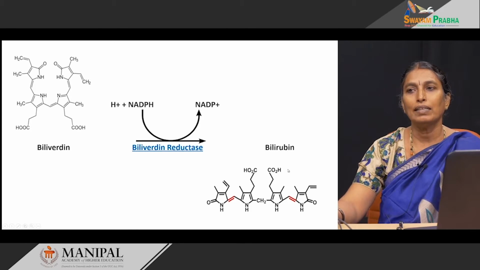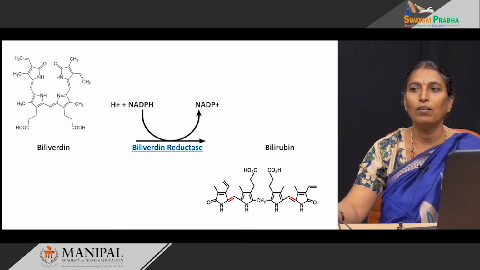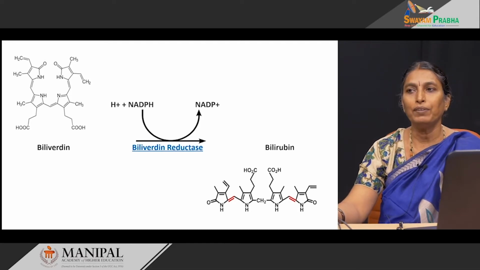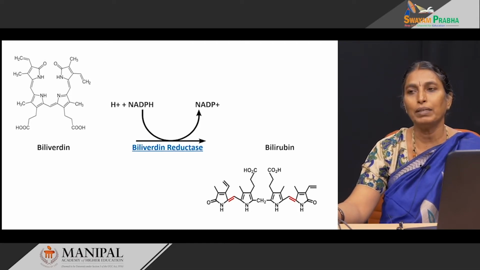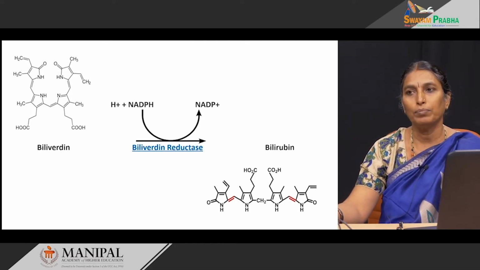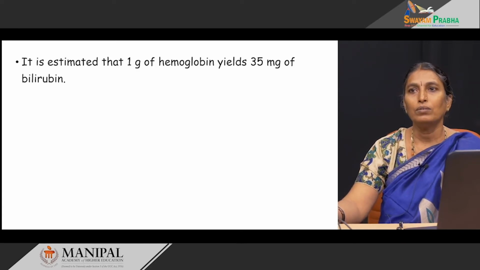This process takes place in the liver, but from its formation it has to be taken to the liver by binding to albumin or any protein. When lipophilic compounds are bound to protein, they become more water soluble.